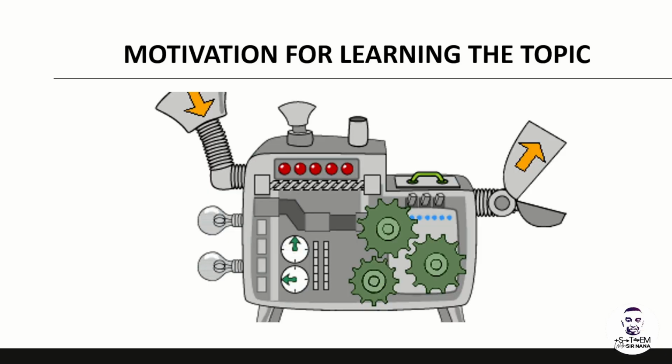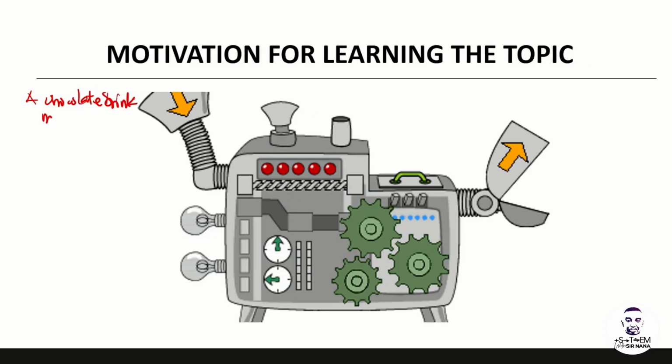Now, let's think of it as a way to do something in terms of producing a kind of product. So we want to find out the motivation for learning the topic. So let's say we want to produce a chocolate drink, which is something we all like, right? So we want to produce a chocolate drink. What are the materials that we will need to produce the chocolate drink? I believe that one of those materials will be cocoa. Let's say in our chocolate drink we'll use milk as well.